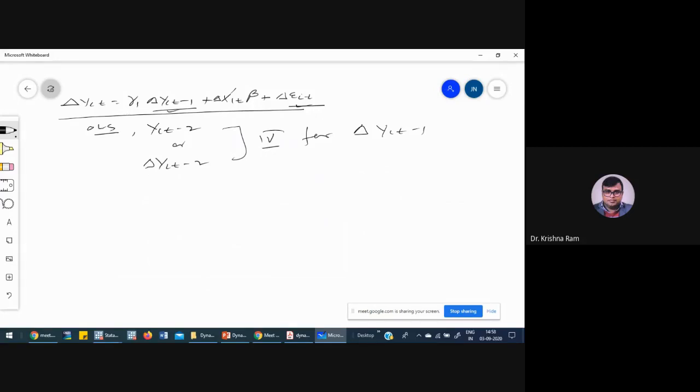For a first-difference equation, this one is not correlated with the changes in epsilon_it here. Am I making myself clear, or is there something else you are asking? Yes, sir, I understood. Thank you, sir. Okay.